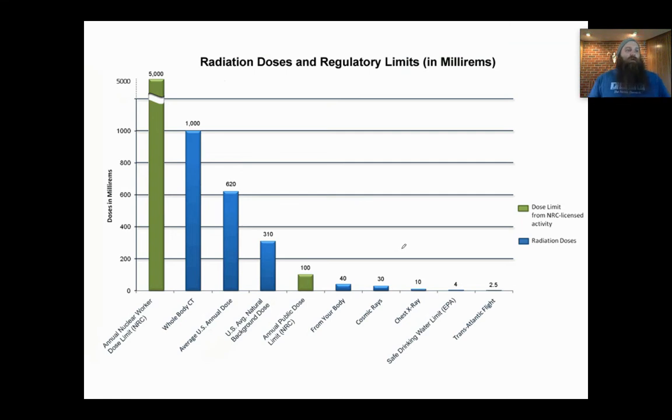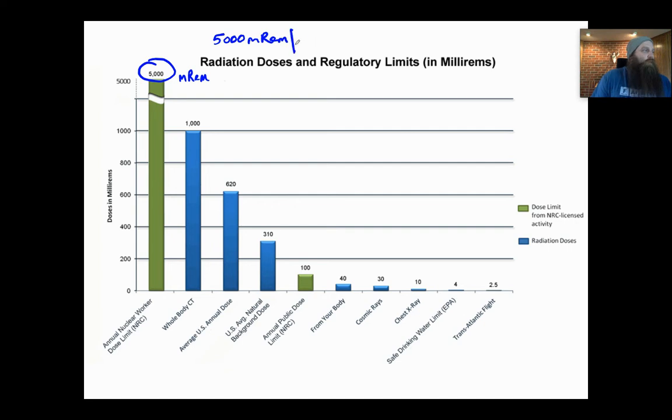Here are some more interesting facts about radiation. The NRC is the Nuclear Regulatory Commission, and the dose limit is 5,000 millirems in a year. That's the annual nuclear worker dose limit. Now let's see what that is in rems.